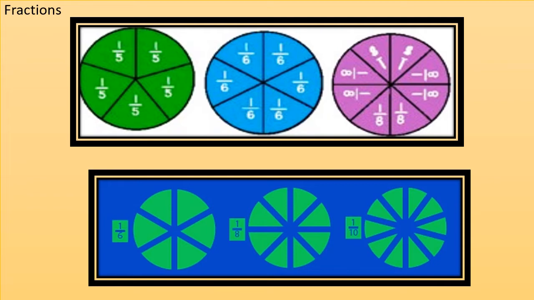And in the blue circle each part represents 1 by 6, that is one part out of 6. The purple circle is divided into 8 equal parts and each part represents 1 by 8, that is one part out of 8. And in the below picture you can see how this part will look when they will get split.